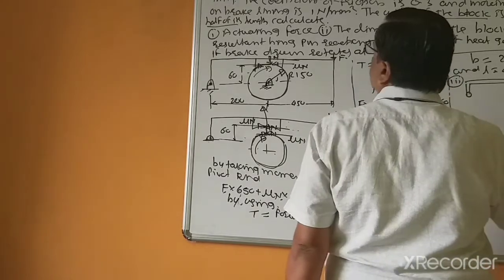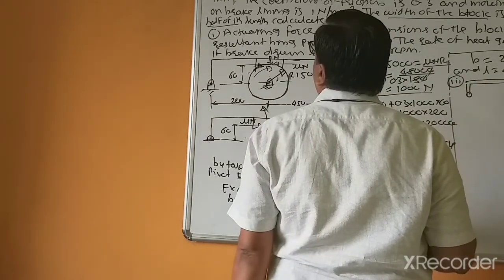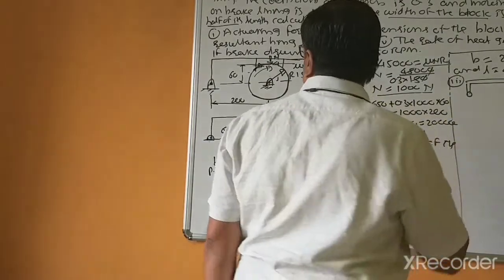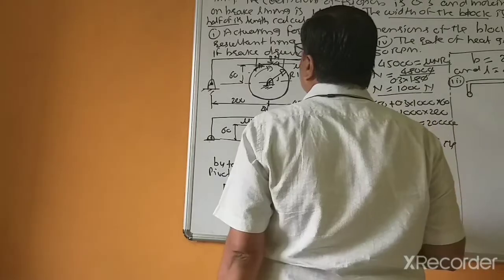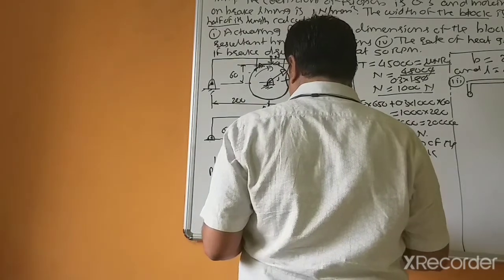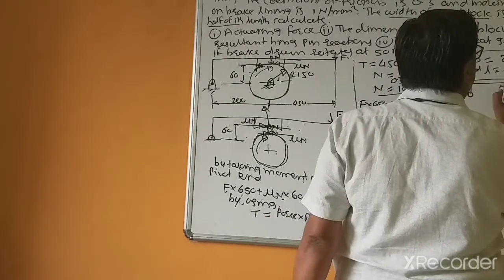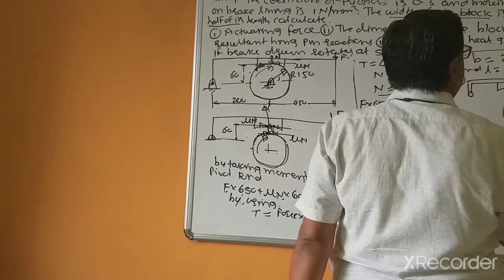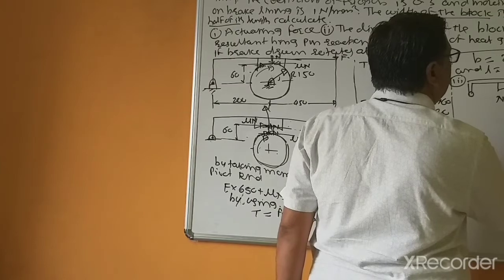Here this force F is a downward force, and the reactions here are N upward and the frictional force mu N. N equals 1000 and mu N equals 300.